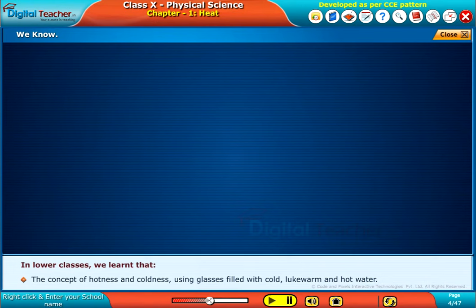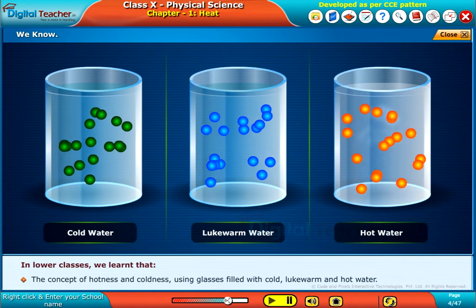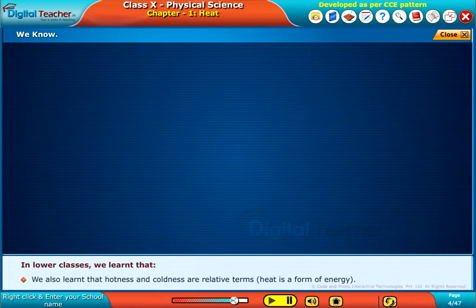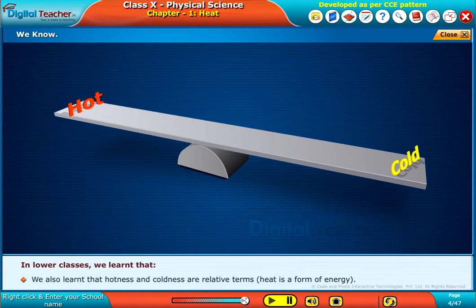We also learned the concept of hotness and coldness using glasses filled with cold, lukewarm, and hot water. We learned that hotness and coldness are relative terms. Heat is a form of energy.